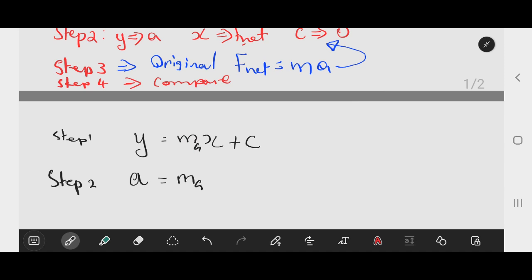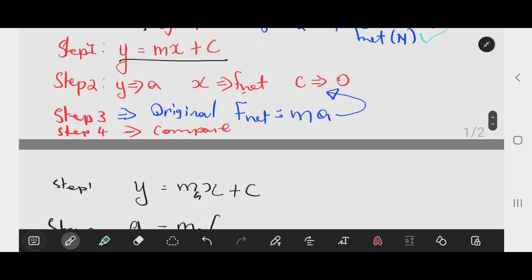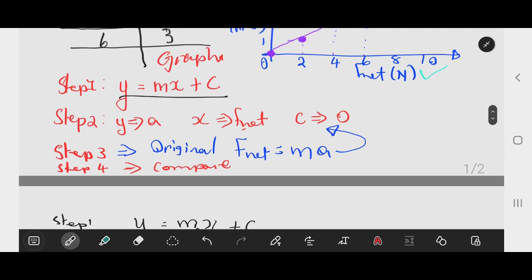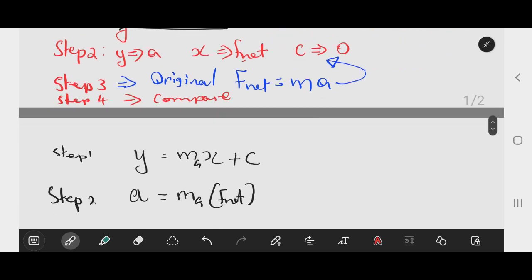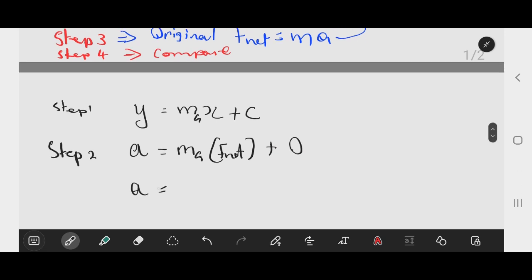So this m is m for the gradient. Okay, so instead of x, what do we have on the x-axis? We have the net force. So instead of x, I will use F net, right? And what is the y-intercept? The y-intercept is 0. So it means instead of c, I'll substitute 0. So for step number 2, this is what I'm obtaining. Acceleration is equal to the gradient multiplied by the net force.